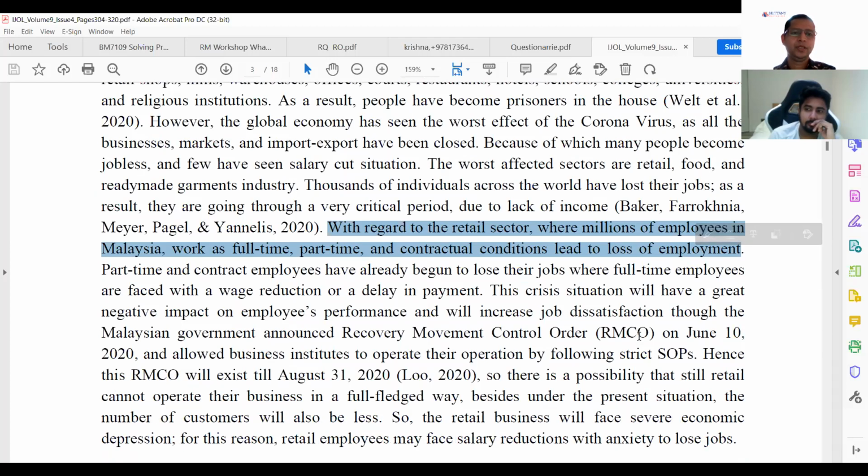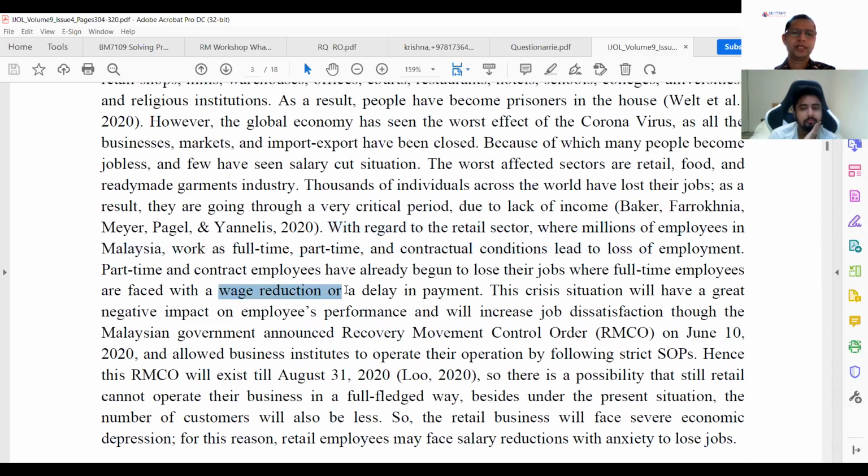This is the impact. So as a result, what happened? Part-time employees and contract employees have already begun to lose their jobs, whereas full-time employees are faced with a wage reduction and delay of payment. These all are the impact of COVID. This crisis situation will have a great negative impact on the employees' performance. So the problem is, due to the COVID impact, the employees are basically losing their jobs or salaries, this and that.